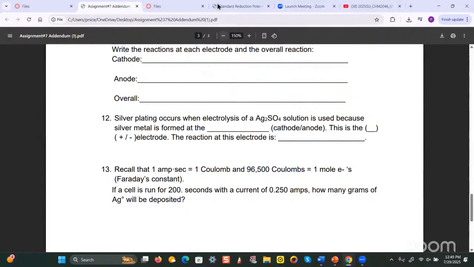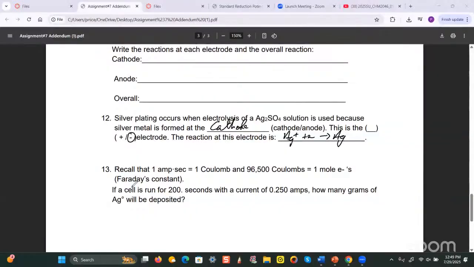So we're going to put cathode here. And it says this is the negative. The reaction at the cathode will be Ag plus plus an electron to give Ag, right? Okay, so that's relatively simple.